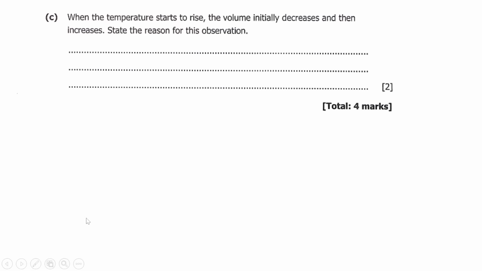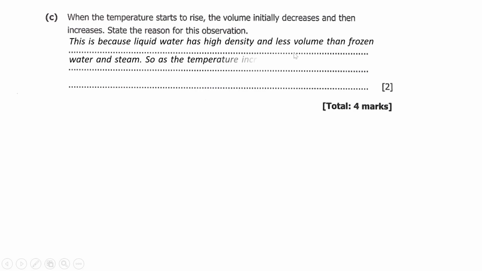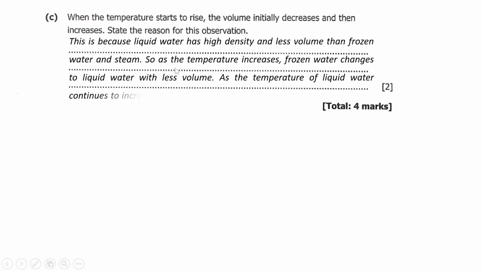Then C, they're saying when the temperature starts to rise, the volume initially decreases and then increases. State the reason for this observation. So we are going to say this is because liquid water has high density and less volume than frozen water and steam. As the temperature increases, frozen water changes to liquid with less volume. As the temperature of liquid water continues to increase, the liquid water changes to steam with higher volume than liquid.